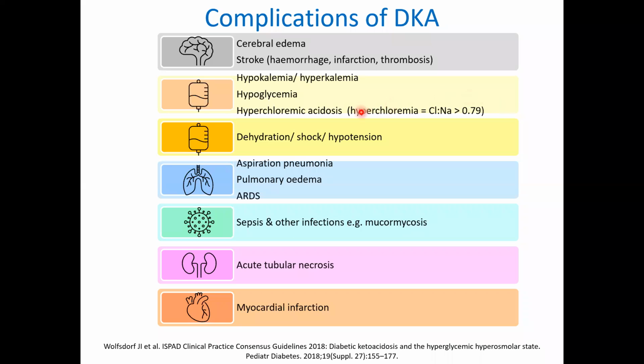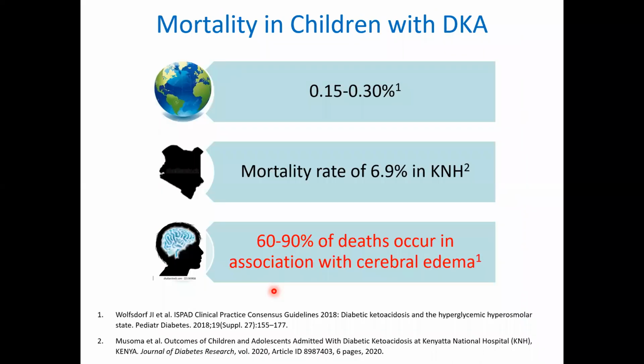So you'll suspect hyperchloremia if your chloride to sodium ratio is more than 0.79. But the good news is that hyperchloremic acidosis most of the time resolves on its own. Then, of course, other complications include aspiration pneumonia, acute kidney injury, and myocardial infarction.